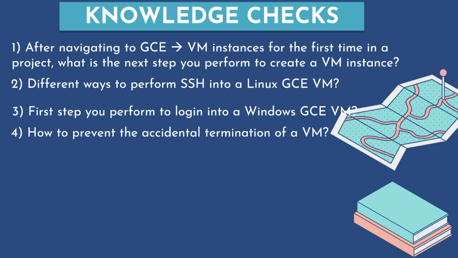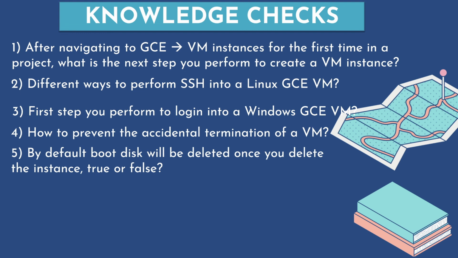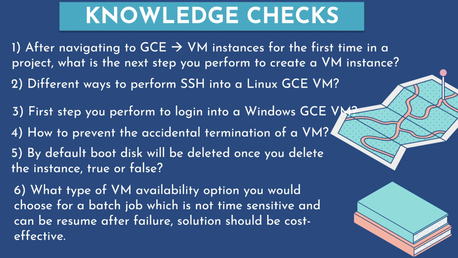How to prevent the accidental termination of a VM? By default, boot disk will be deleted once you delete the instance. Is that statement true or false? What type of VM availability option you would choose for a batch job, which is not time sensitive and can be resumed after the failure? Remember, the solution should be cost effective.